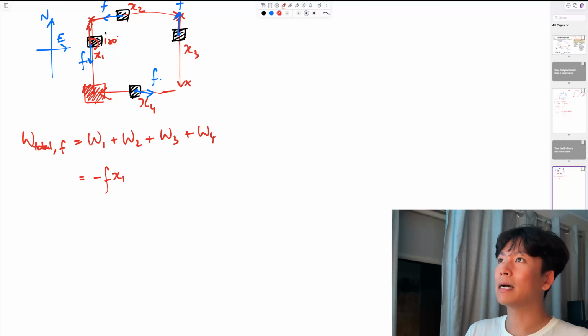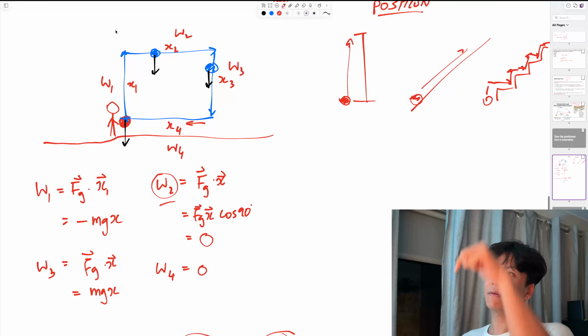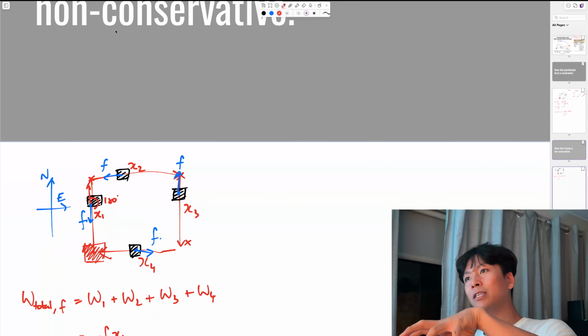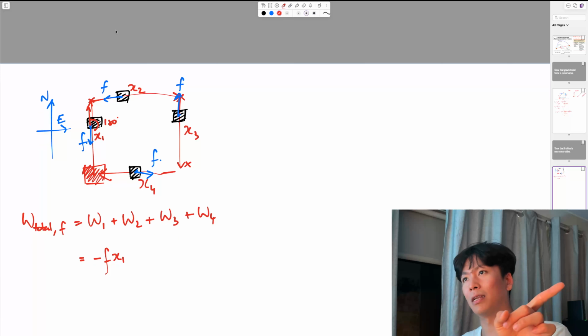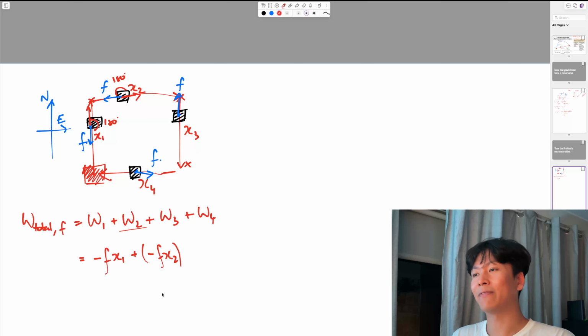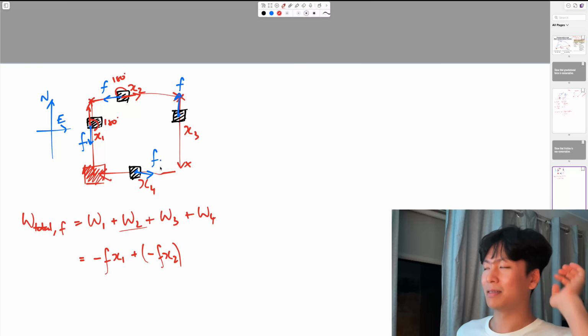And then what about the second leg of the journey, the second path, when it goes across? Well, in gravity's case, because gravity always acts down and that thing goes across, it was 0. But in this case, friction is still opposing the motion. And so the angle between the displacement going this way and friction is still 180 degrees. That means work number 2 is also equal to negative F times x2. Let's just say that, for simplicity's sake, all the x's are the same, so it's a square loop.